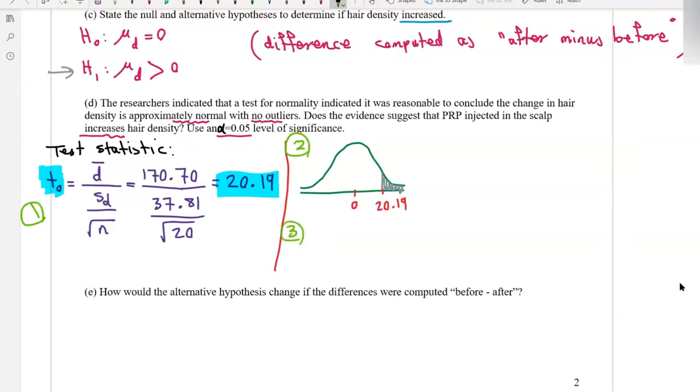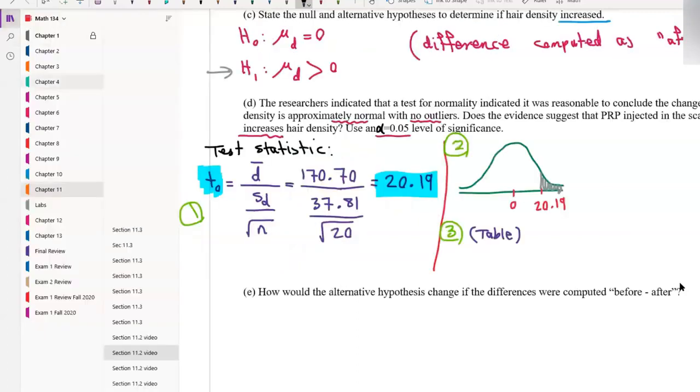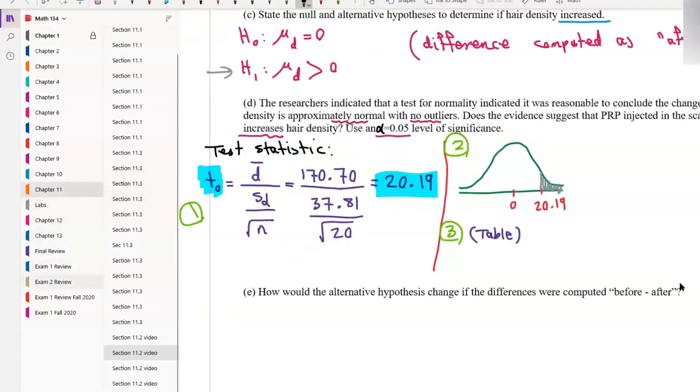Now for this part, I'm going to use the table and see if we are able to find the answer using the table, or if it's better to use the TI-83/84. We can find the answer using the table, but it's not easy, and it's not exactly what we want. So where's my table?